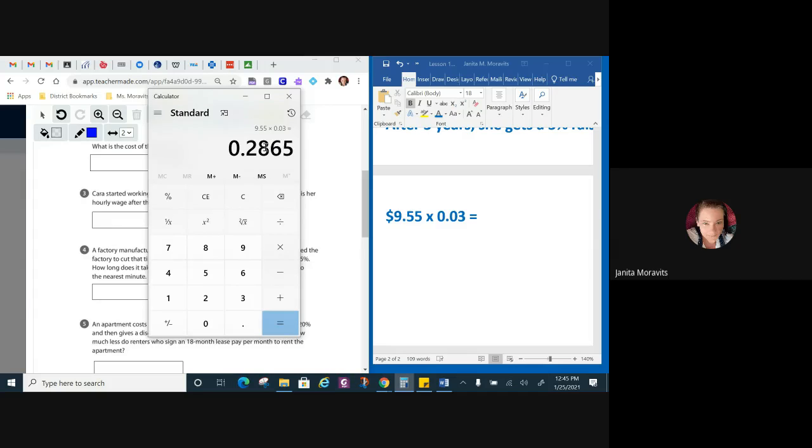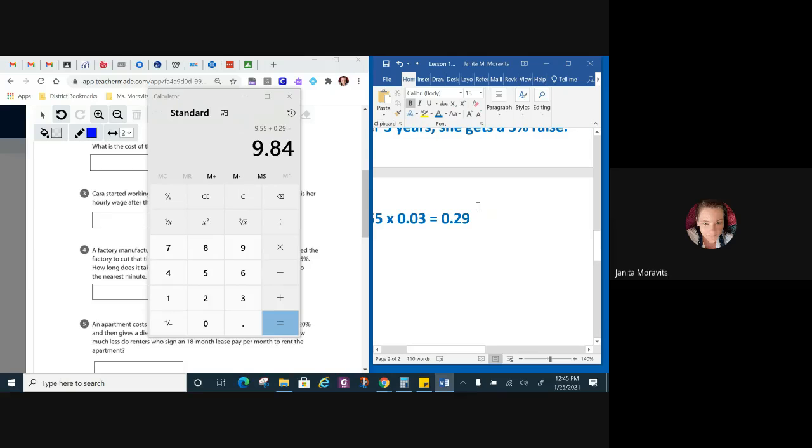This time she's going to get a 29-cent raise because here's 28 and there's the 6 beside it. So 0.29 is her raise. So let's say 9.55 plus 0.29. She is now making $9.84. And that is after 3 years of 3% raises.